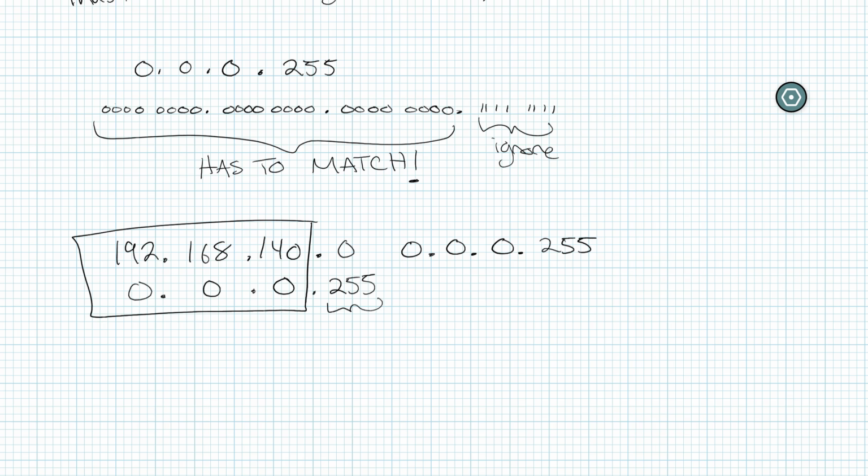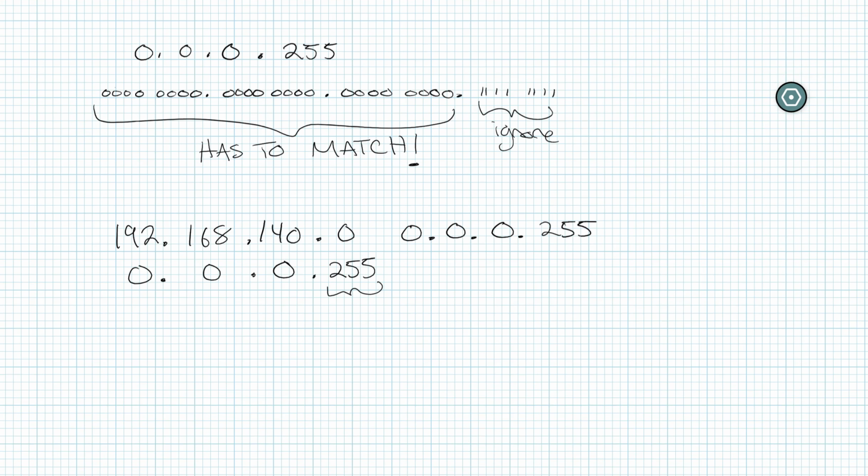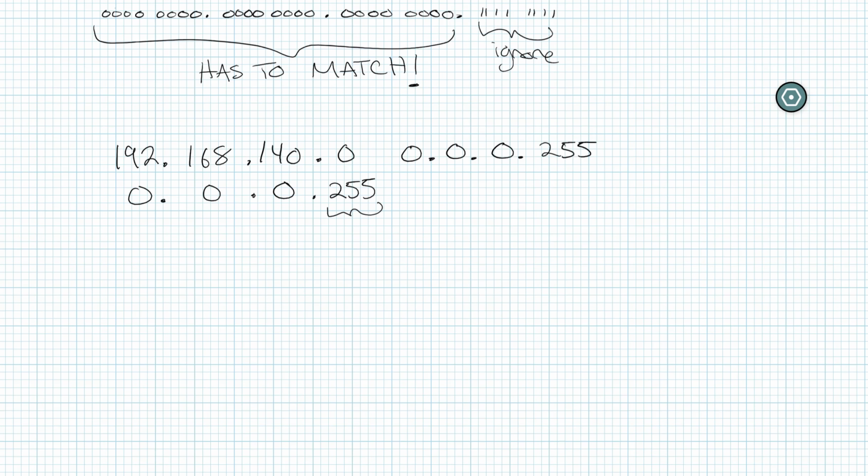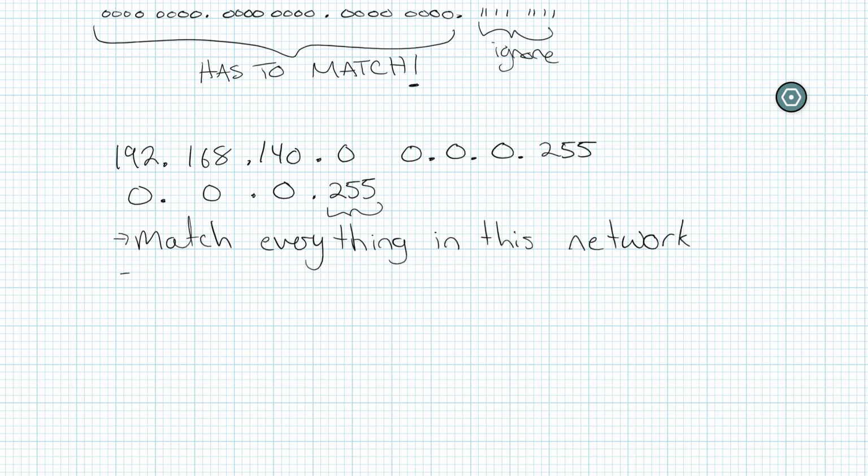So we get all of the addresses that match this part of the address. In this particular address, if it's a /24 address, we're matching all the network bits. So essentially, in a /24 network, because that's the first 24 bits, match everything in this network, but ignore the specific host.